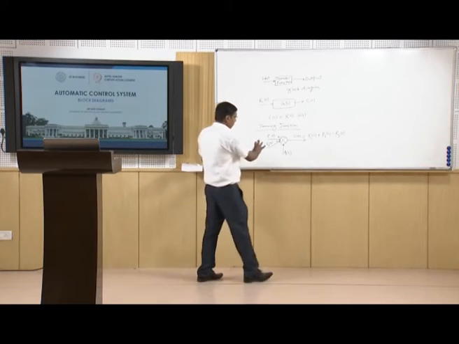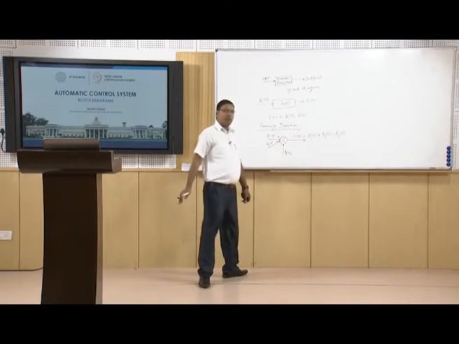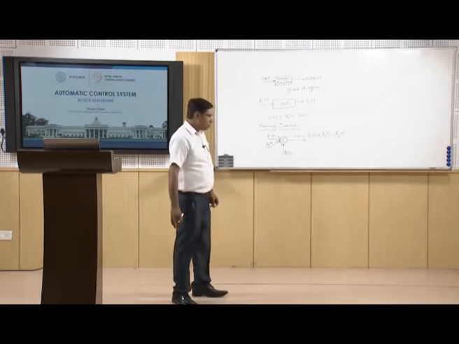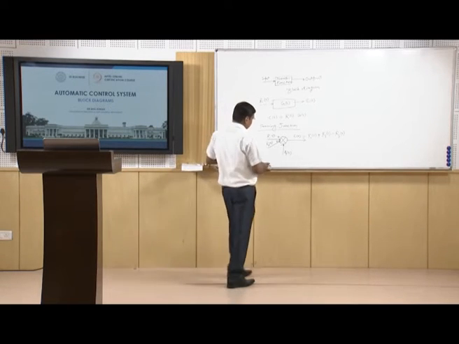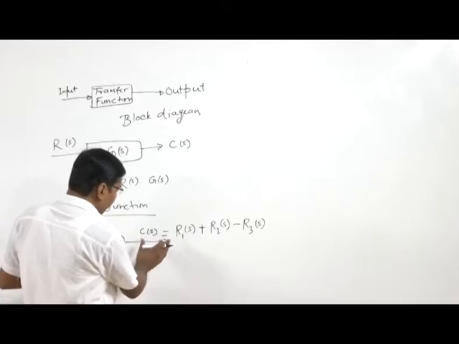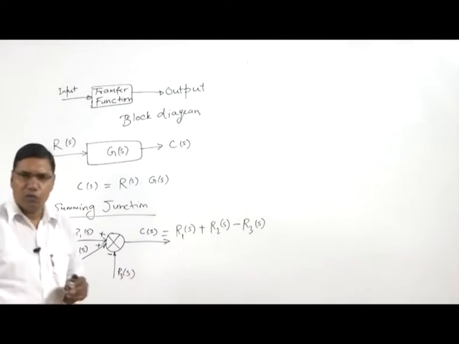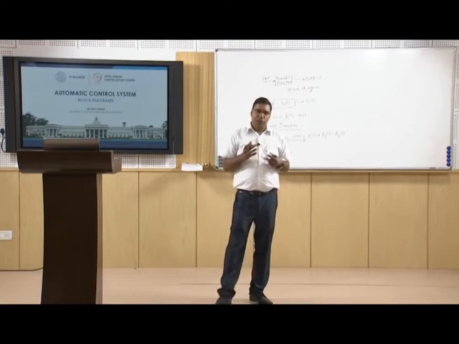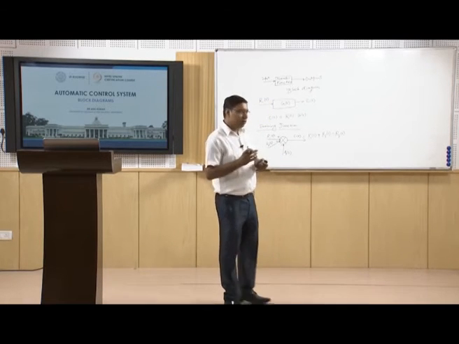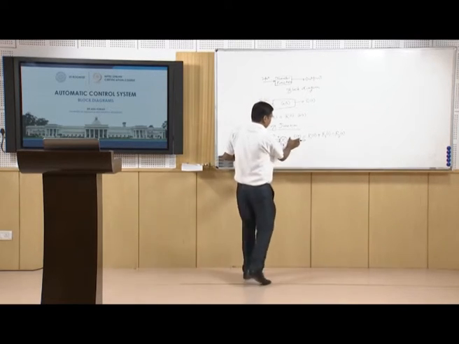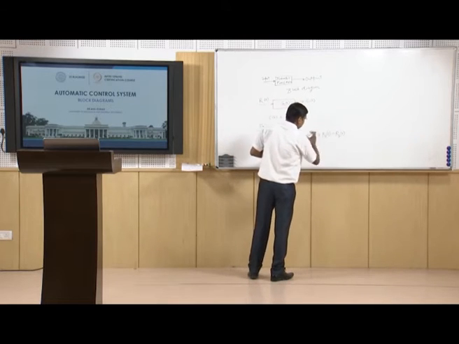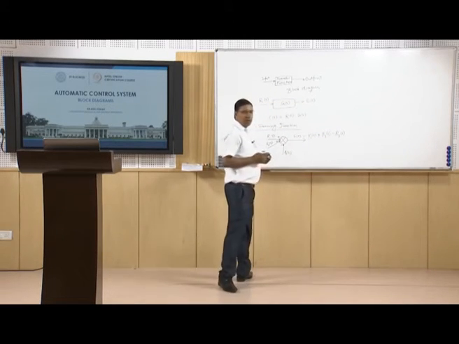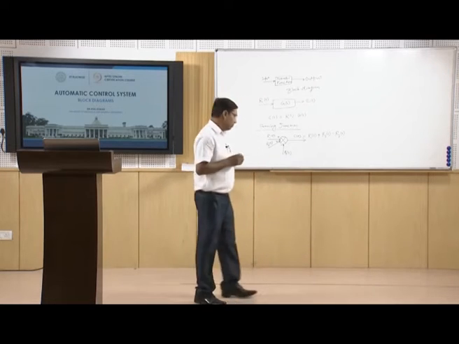So we understand the operation of a summing junction, and when there are multiple signals entering it, we should know what the output will be, because usually summing junctions are used before the controller. So the controller will get this C(s), which has this relationship with the input signals.